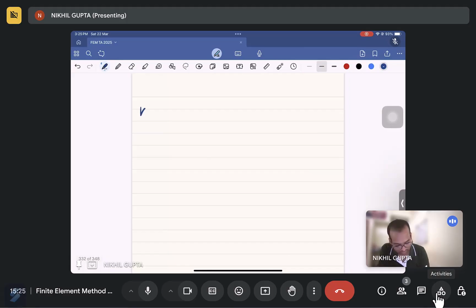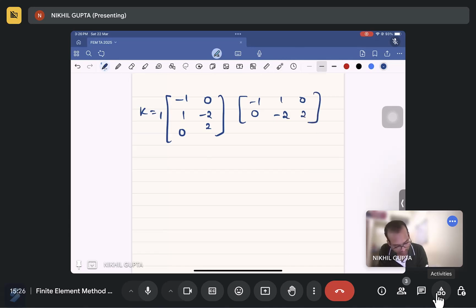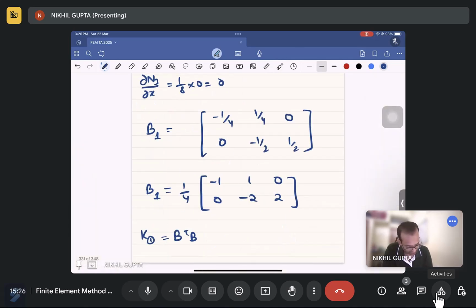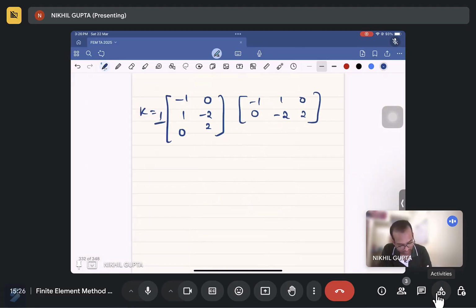So the K matrix will be minus 1, 1, 0, 0, minus 2, 2, and minus 1, 1, 0, 0, minus 2, 2, with 1 by 4 into 4, which is 16.